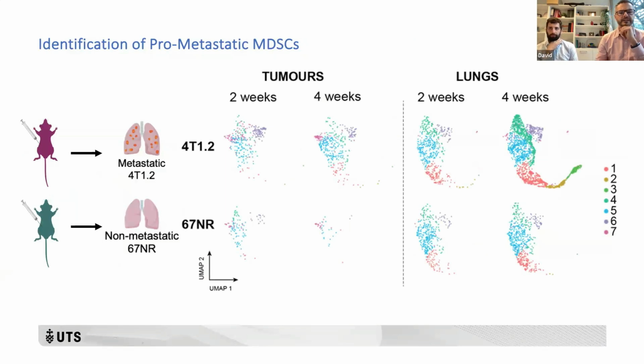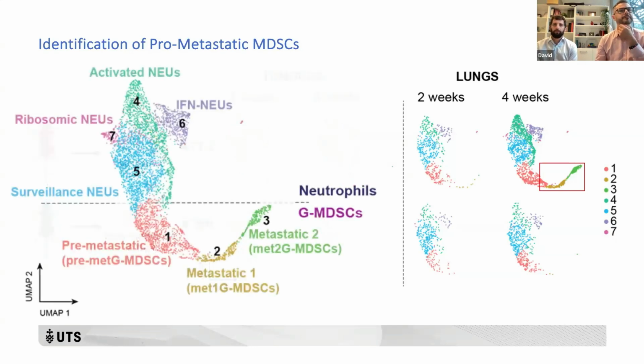And then we identified, again very quickly, a unique species of these neutrophils or granulocytes that was consistently represented in the metastatic situation, but was not present in the samples that did not have metastasis. So we call these ones prometastatic, and this is a little bit of the definition that we did.